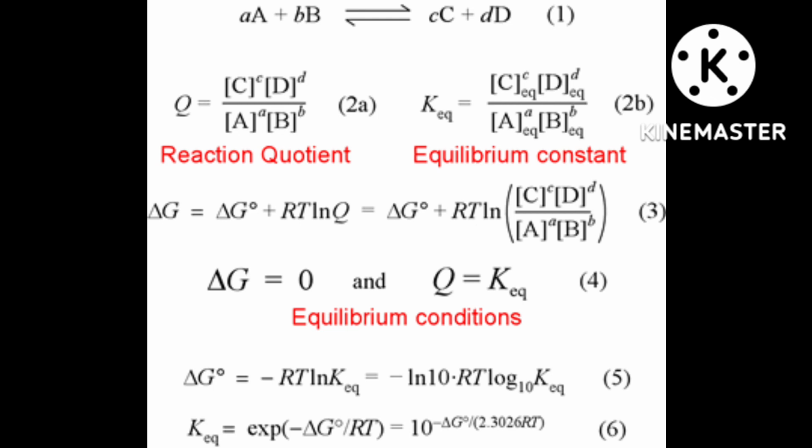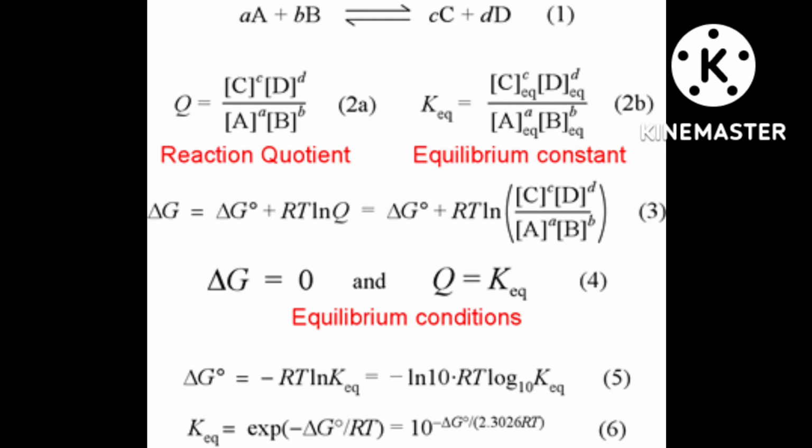After putting the value, keep in mind it is a square. The partial pressure of NO2 you have calculated, that value you keep here with power 2, and down only one partial pressure.